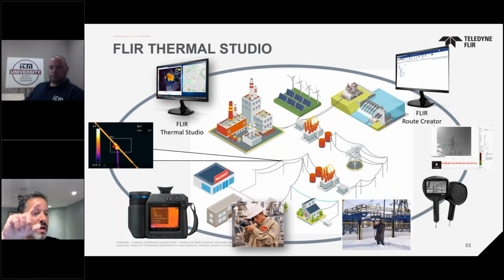Some models will actually calculate the area when you use a box tool or a zone tool, and that can be transferred to the report as well. For the other cameras that don't have it, if you know the distance you're at, you can calculate the area or the size of the target. But direct distance measurement on the camera is on the handhelds, the E54 and up.